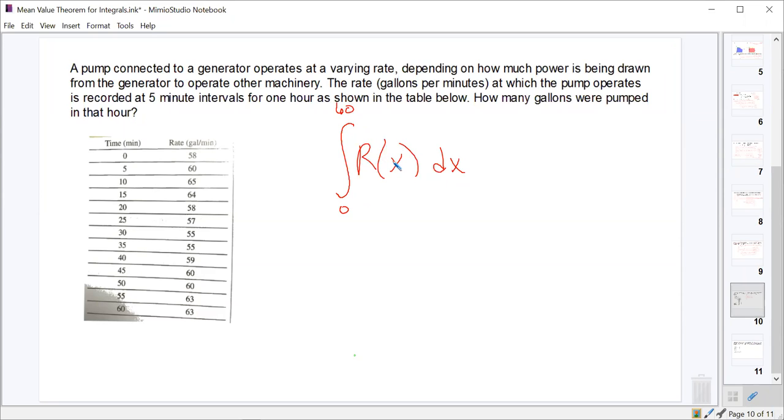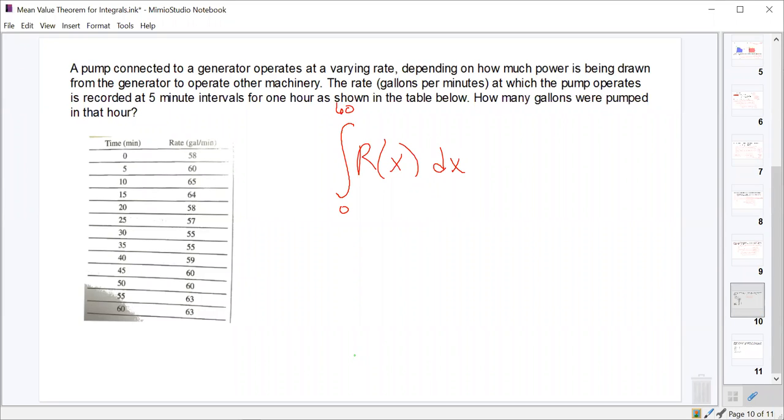Which rule do you think we should use to approximate it? Doesn't matter, there's 4 different options. How about the trapezoidal rule? That seems like an easy one because it's got a formula for it. Everybody following, or everybody good? Yeah. Okay, so we're going to use the trapezoidal rule to approximate this integral.